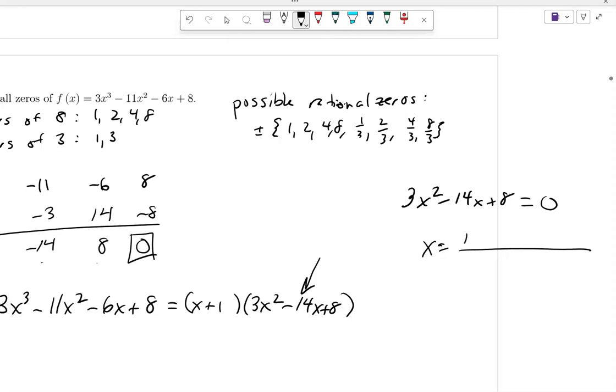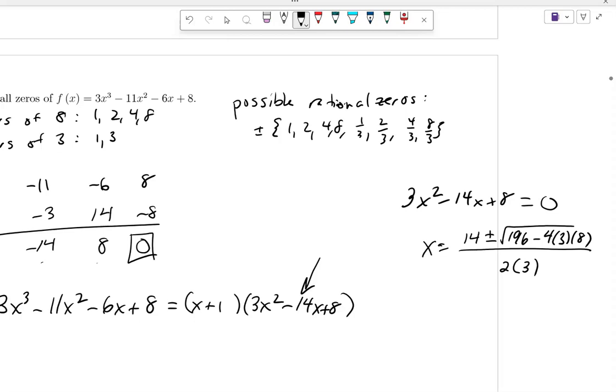Negative b plus or minus the square root of b squared minus 4 times a times c, all over 2 times a, right?